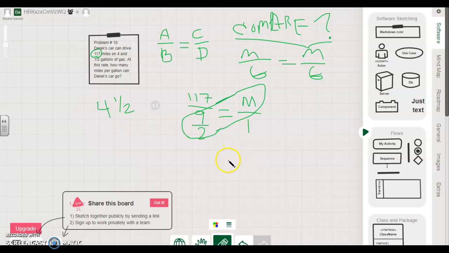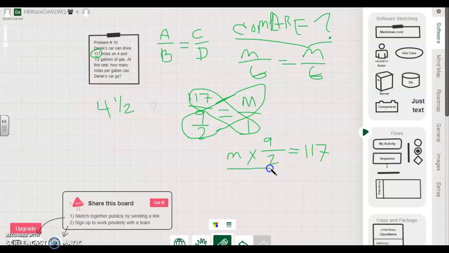So I'm going to have M times 9 over 2 equals 117 times 1 equals 117. We have an equation now.